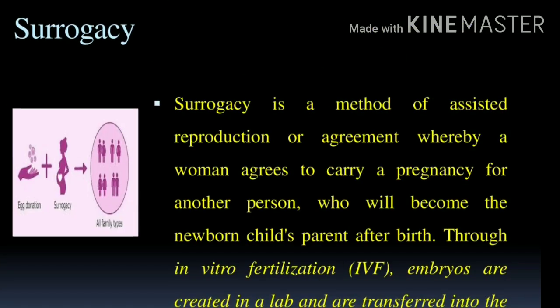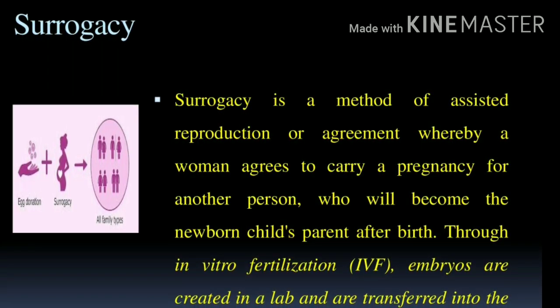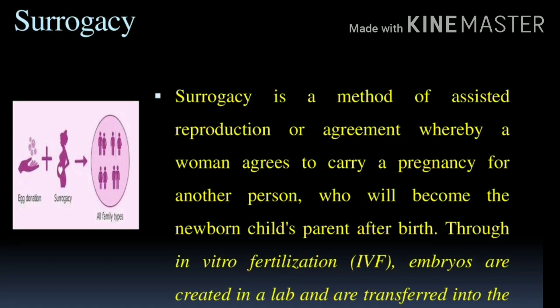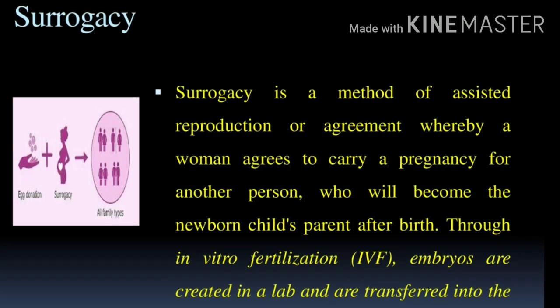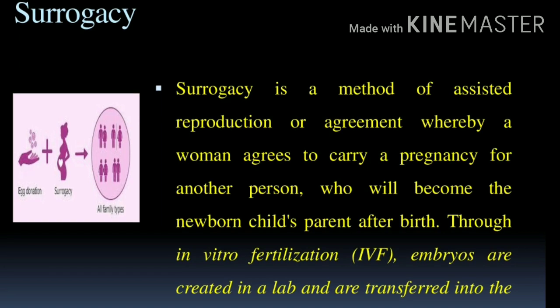Can you understand? Surrogacy. Surrogacy is one of the assisted reproductive technologies, otherwise called an agreement. One woman agrees to carry a pregnancy for another person. What is the agreement of surrogacy?